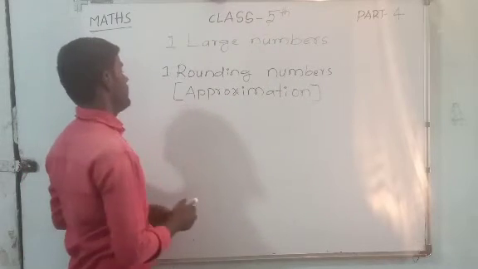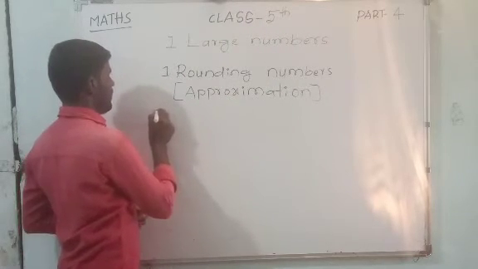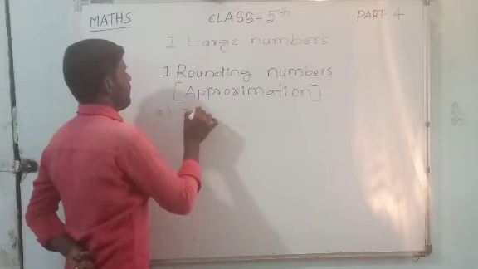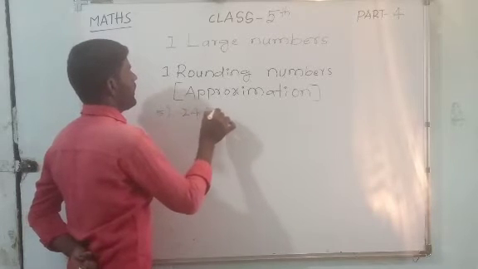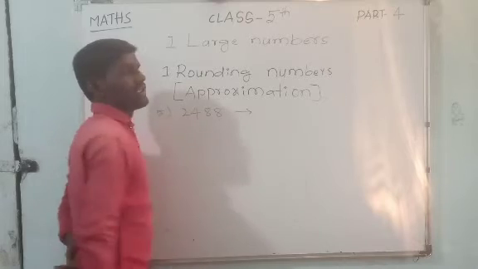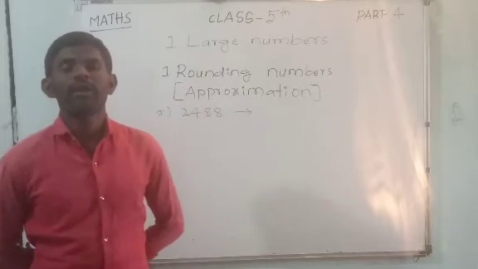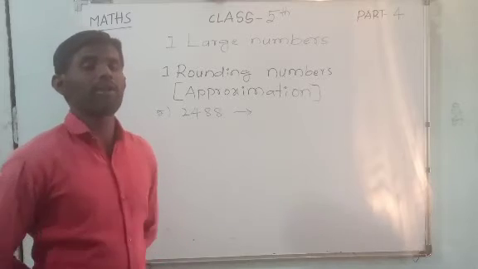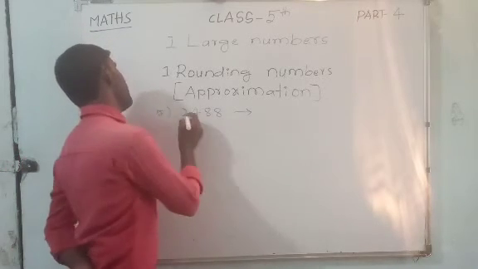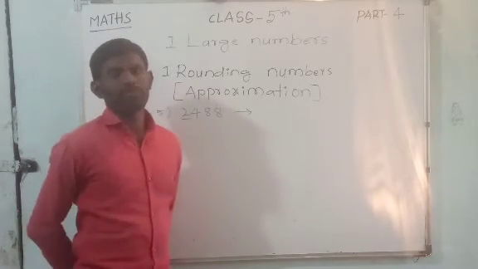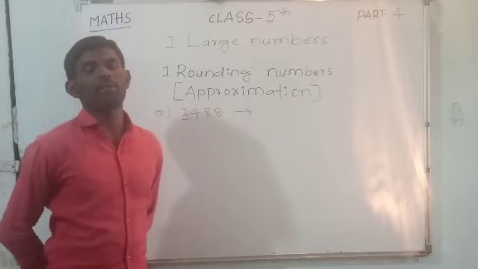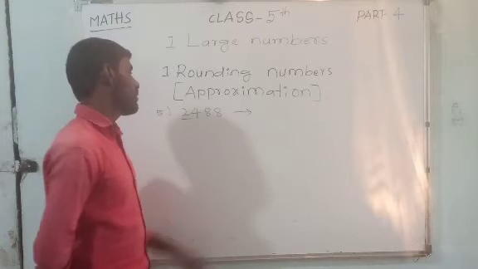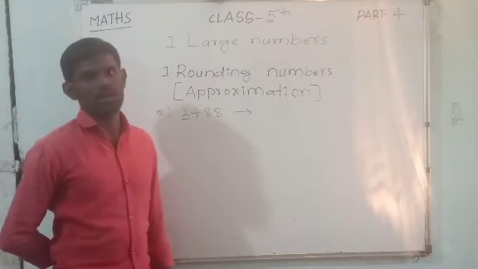Example 5, dear children. Suppose 2488. What is the rounding number of 2488, rounded to the nearest 1000? 1000 place means here 2000 is underlined.